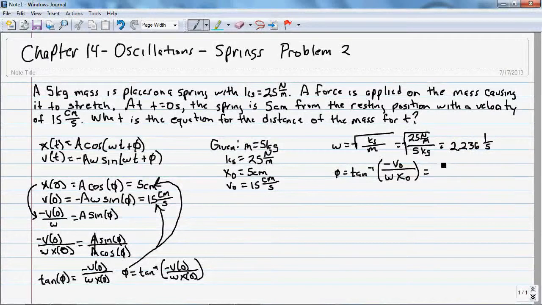That's equal to the arctangent of negative 15 centimeters per second divided by 2.236 per second times 5 centimeters.